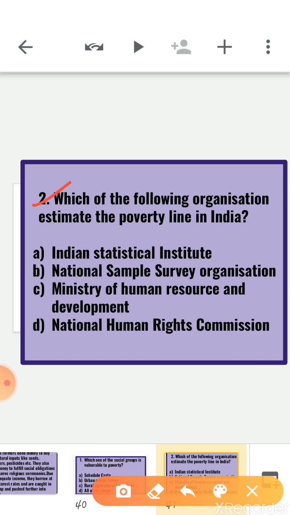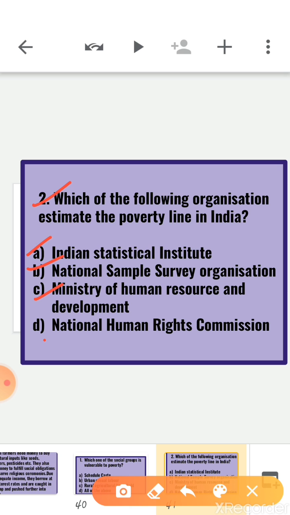Now, question number 2 is, which of the following organizations estimates the poverty line in India? Options are, first, the Indian Statistical Institute, the next, National Sample Survey Organization, then option C is Ministry of Human Resource and Development, and the last option is National Human Rights Commission.